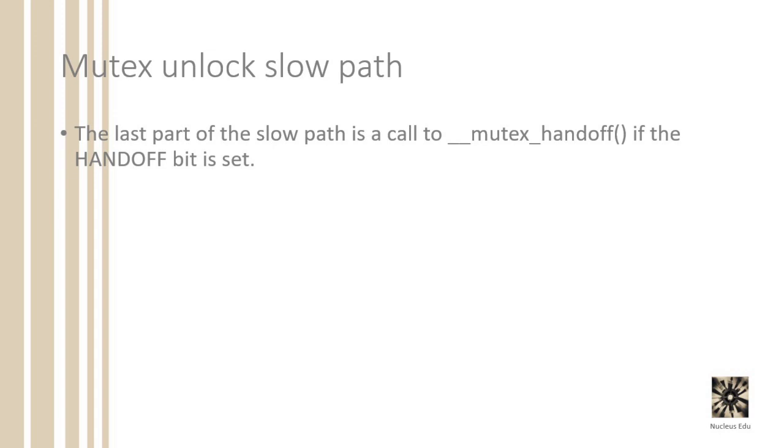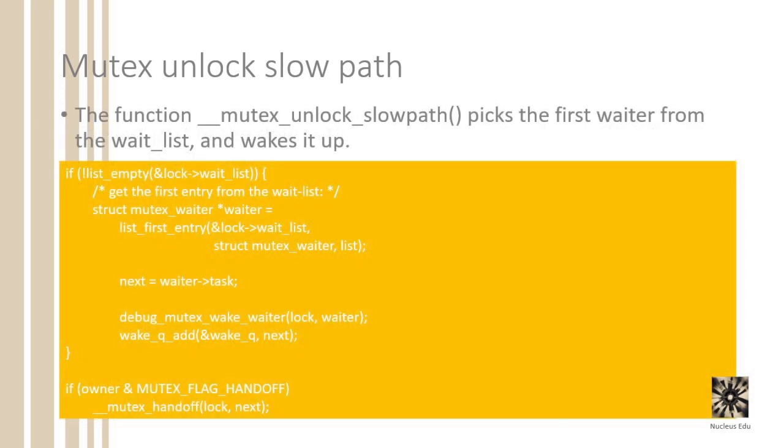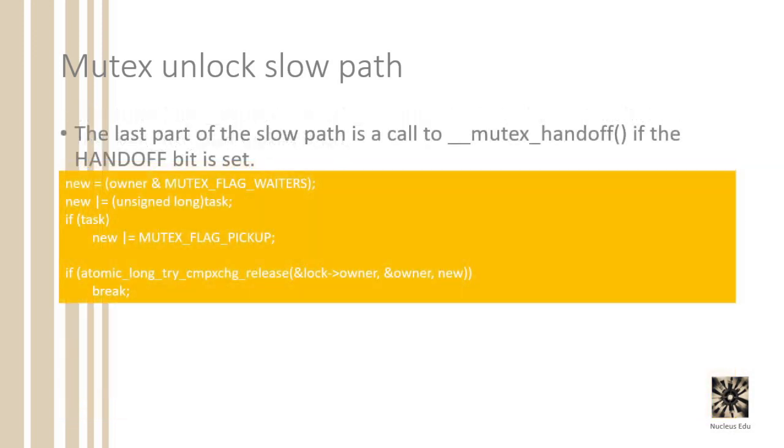If we move back a bit, we see that mutex handoff was called with the variable next, which was dequeued from the wait list, and that wait list next is basically a pointer to the task struct of the process waiting. This function is creating the new variable with that pointer.